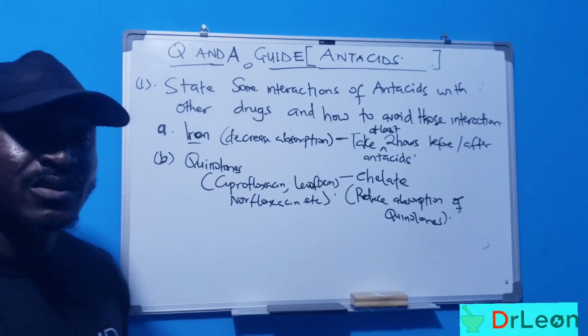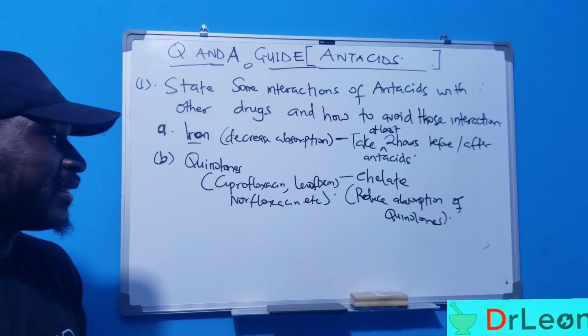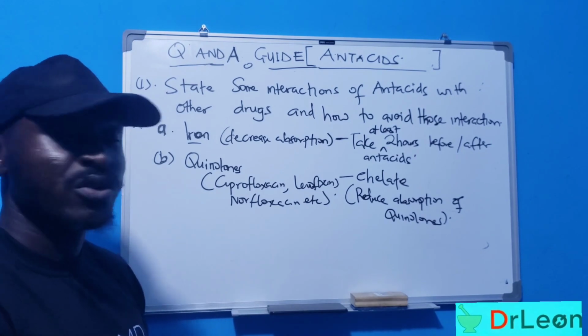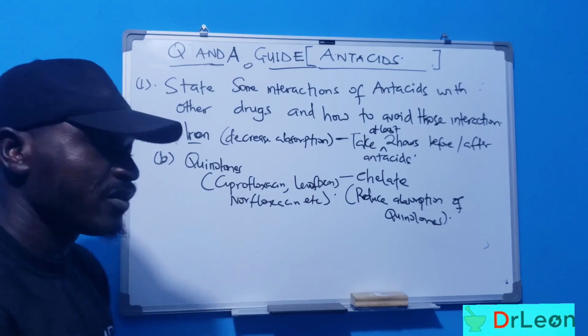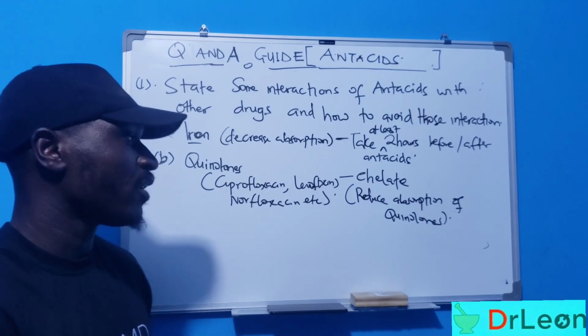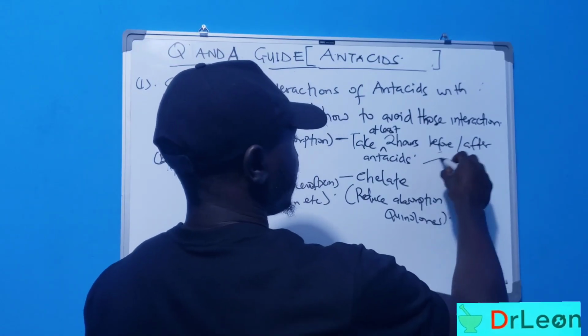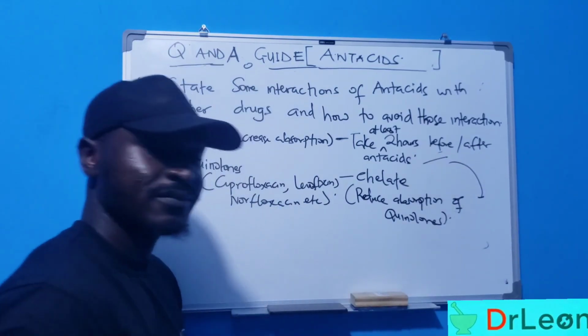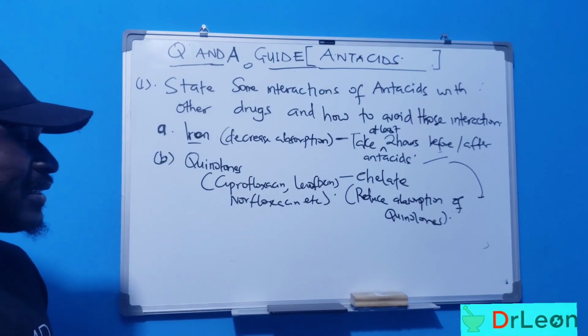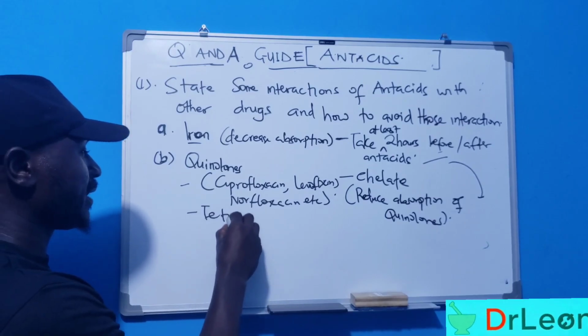So how then do we solve it? It's the same thing with the iron. You take your quinolones, your cipro or levofloxacin, at least 2 hours before or after your antacid. So it's the same with this one. The same goes for another class of antibiotics, tetracyclines.